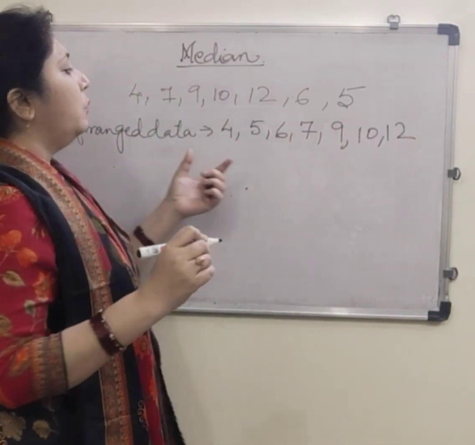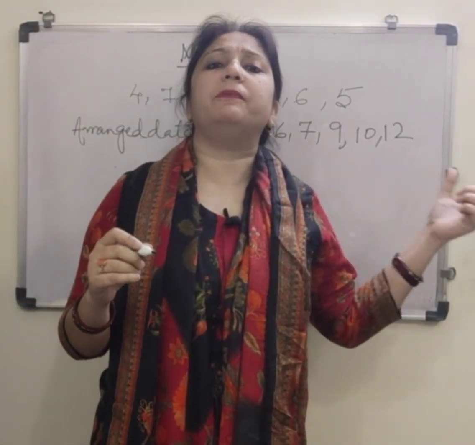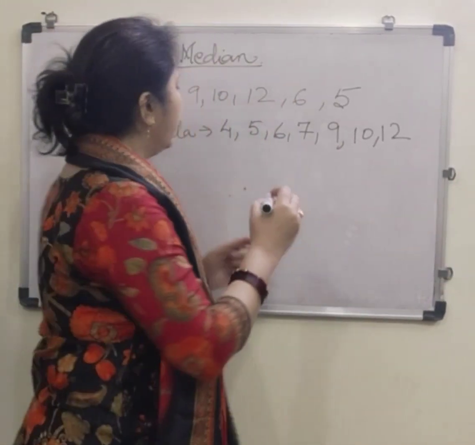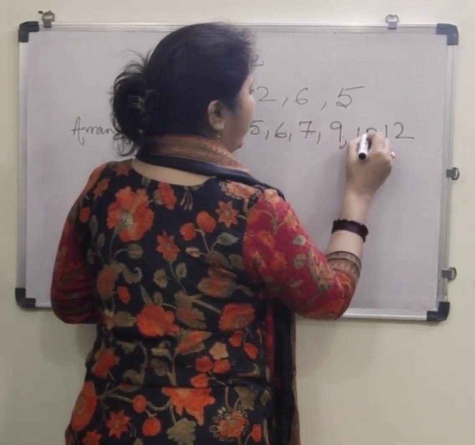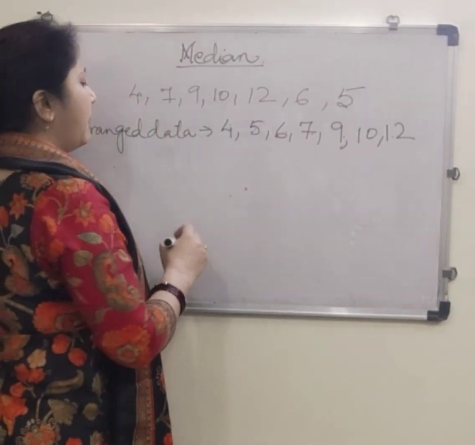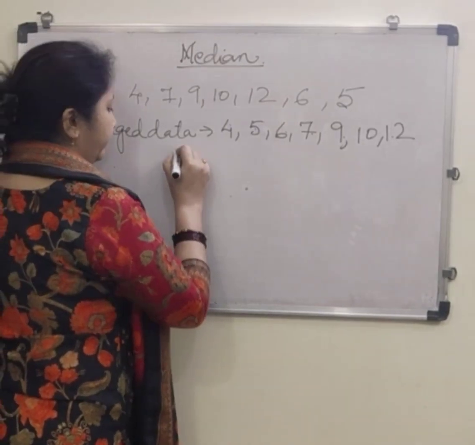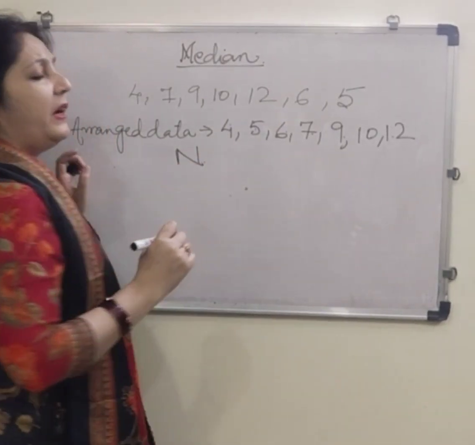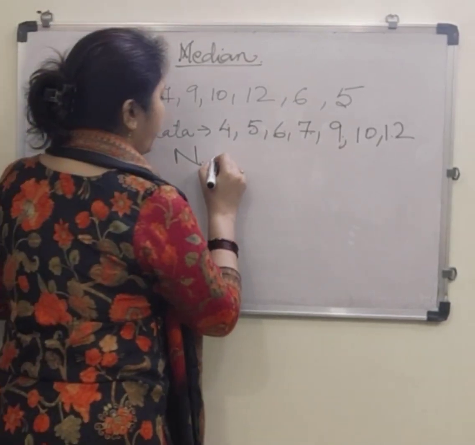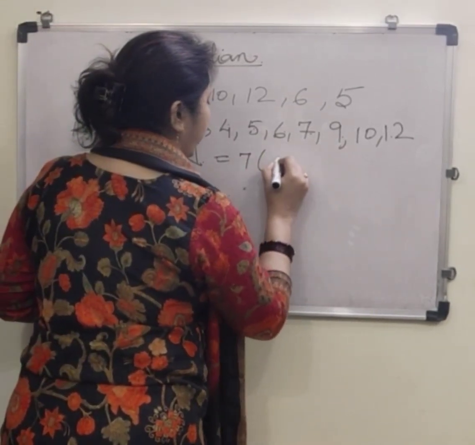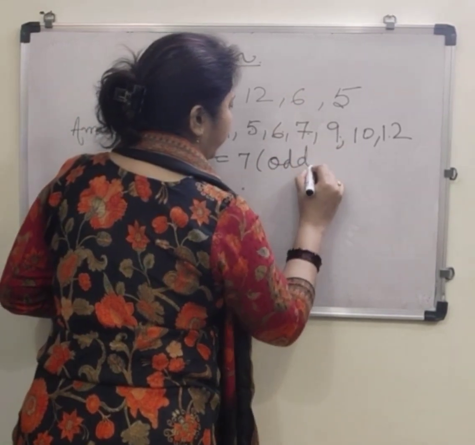Now we will count how many observations we have: 1, 2, 3, 4, 5, 6, 7. We represent the number of observations by n. So the number of observations is 7, which is an odd number.